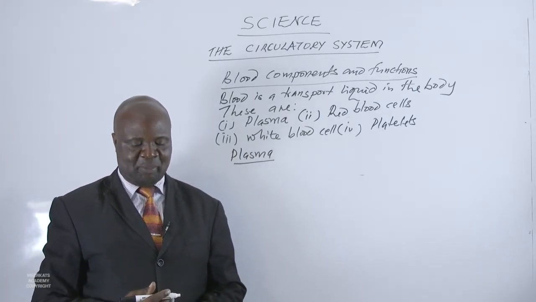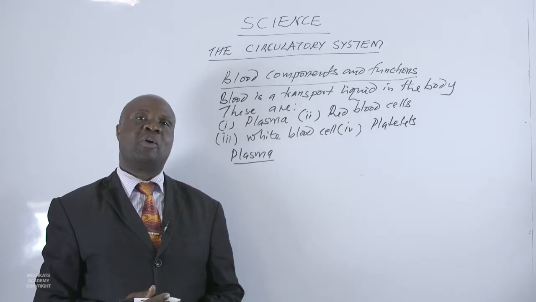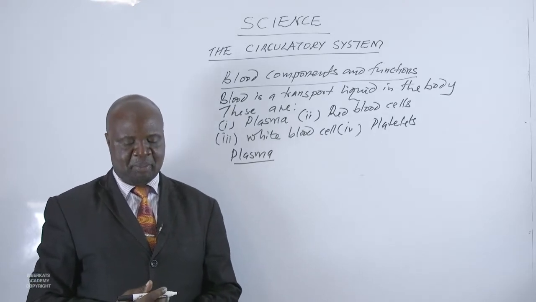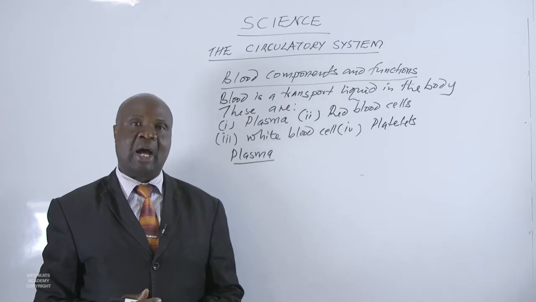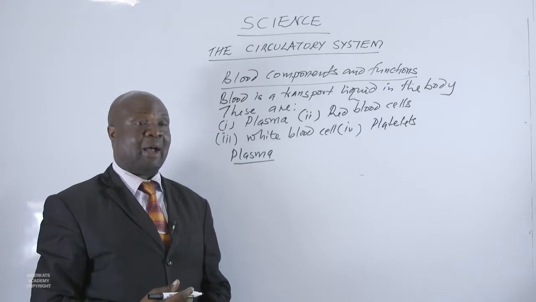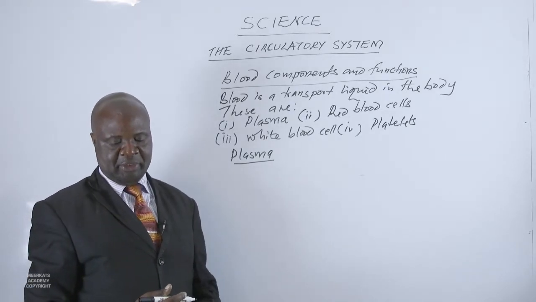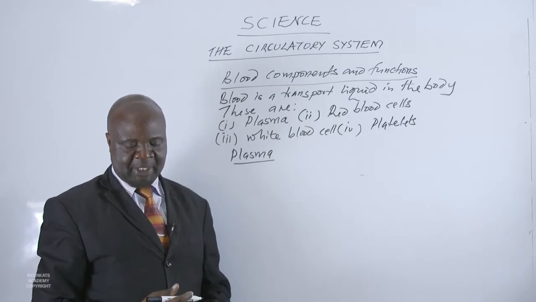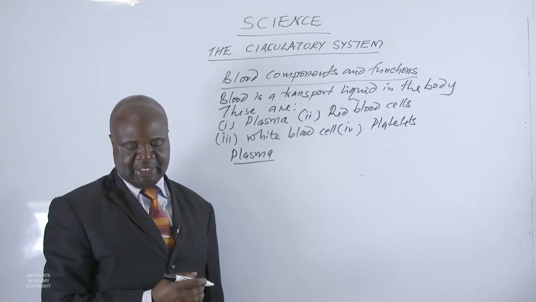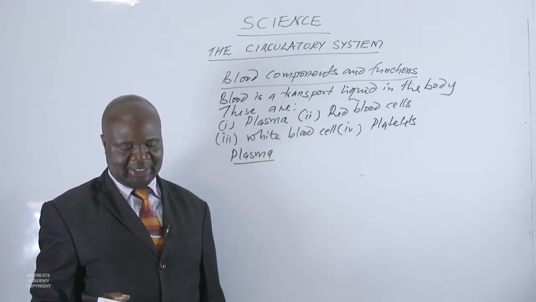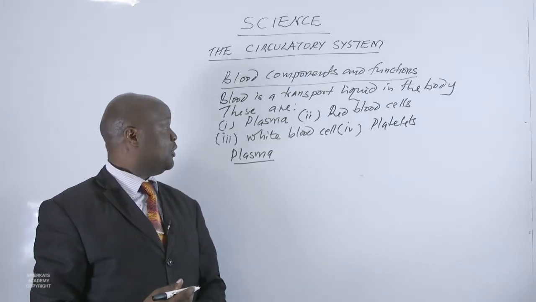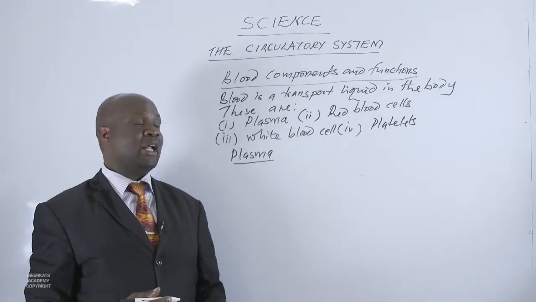It is the largest component of blood, containing dissolved substances such as proteins, amino acids, mineral salts, glucose, and urea.